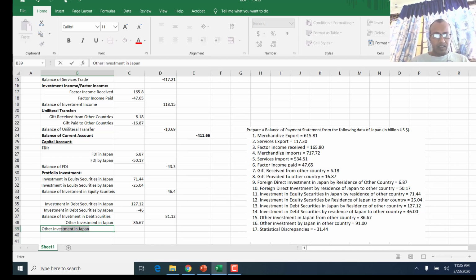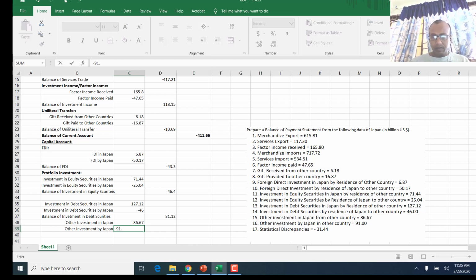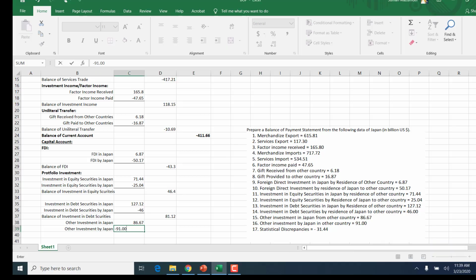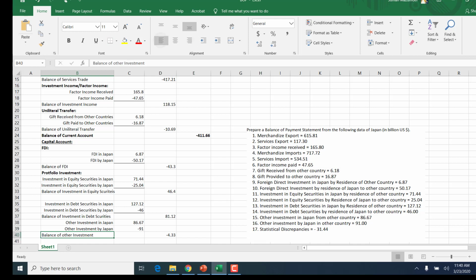Other investment by Japan is minus 91. So other investment by Japan. Now let us get the balance of other investment. 86.67 minus 91, the balance is minus 4.33. So this is the balance of other investment.